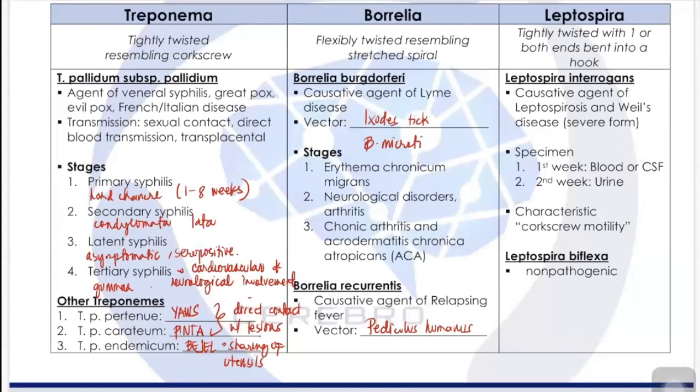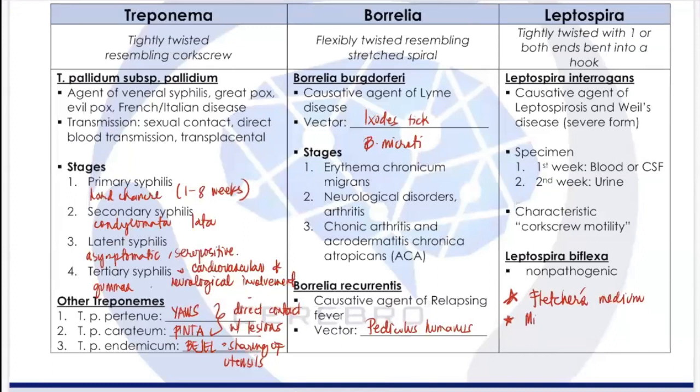It has a characteristic corkscrew motility. And take note, recall question. Media for Leptospira, we have Fletcher's medium. Also, I would like you to take note of the gold standard when it comes to the serological diagnosis of leptospirosis.